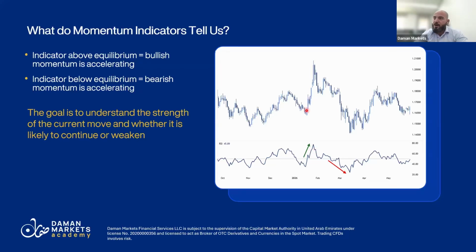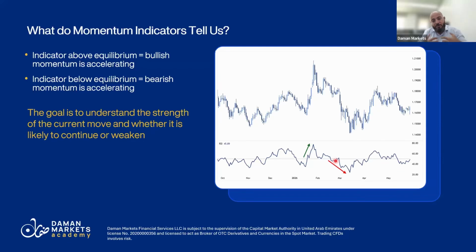Notice here how we have big bullish candles, momentum is accelerating. Here, up to this point, prices are still going up, but at a slower pace. When the oscillator goes from above 50 to below 50, we can conclude that now we flipped from bullish momentum to bearish momentum.